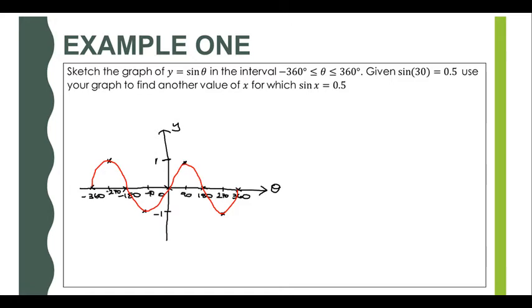In the question, we're told that sine of 30 is equal to 0.5. So sine of 30 is roughly here, and our answer to that is 0.5.